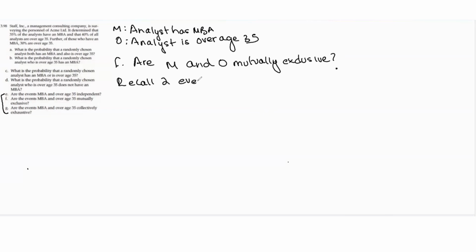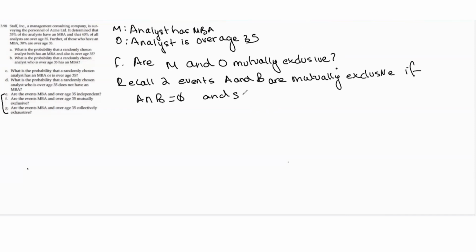So recall two events A and B are mutually exclusive if A intersection B is equal to the null set, and so probability of A intersection B is equal to 0, right? Because we know the probability of the null set is 0.